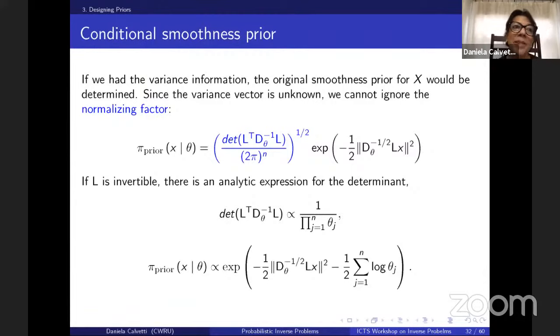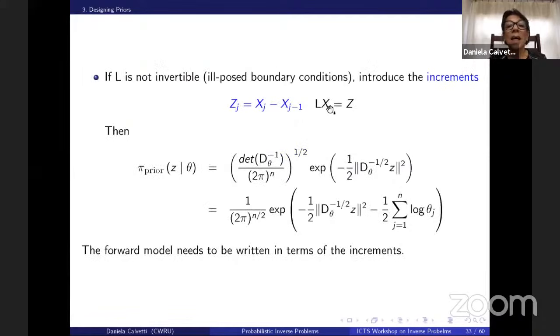Computing determinants, in particular for finely discretized signals, so large matrices, can be complicated. If the matrix L is invertible, we use the properties of the determinant and we can compute it in analytic form. Otherwise, we have to start thinking about it. There are cases in which we have matrices L that are non-invertible.